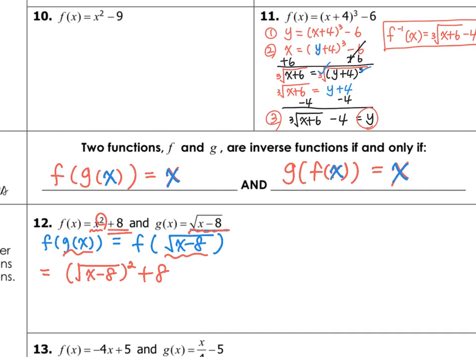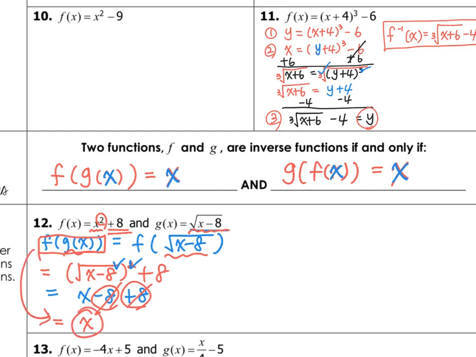Square and square root will undo each other, cancel each other. So I will have x minus 8 plus 8. So plus 8 and minus 8 will cancel out each other. My answer will come out as x. So f of g of x came out as x.